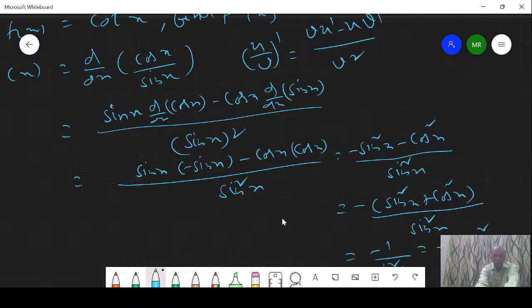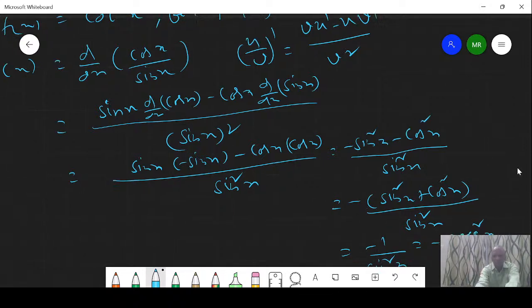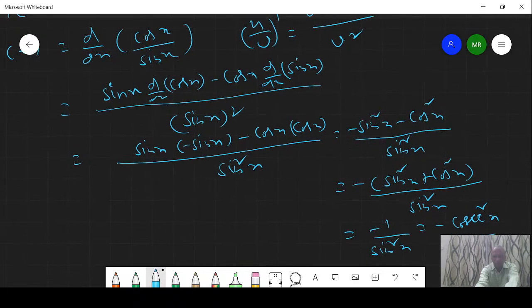So what I have done is the quotient rule. They asked to find f dash of x. Cos x by sin x is cot x. Apply the quotient rule, then simplify: derivative of cos x is minus sin x, derivative of sin x is cos x. Take minus common. Sin square x plus cos square x is equal to 1. Then you will get minus 1 by sin square x, that is cosecant square x.